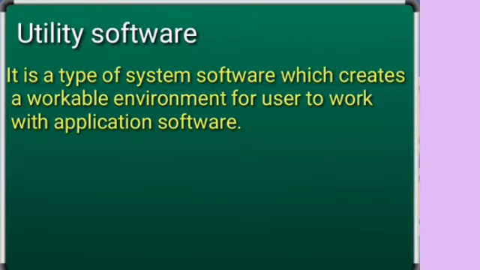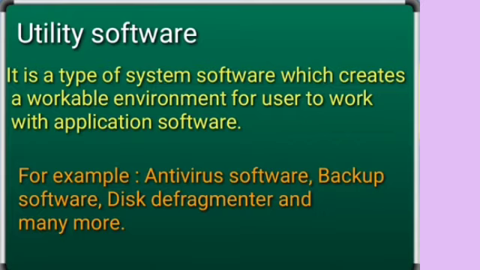Now moving next, there is utility software. Okay, so you can see the definition is written over here, that it is a kind of system software which creates a workable environment for users to work with application software, which means that utility software is designed to handle the housekeeping functions of the computer. It means it is capable of maintaining the computer.